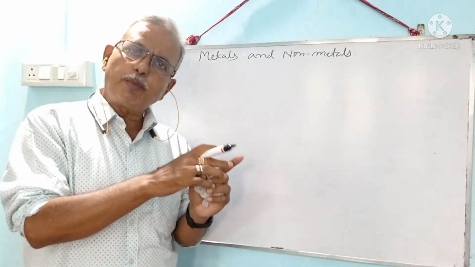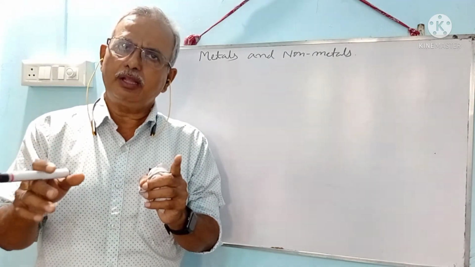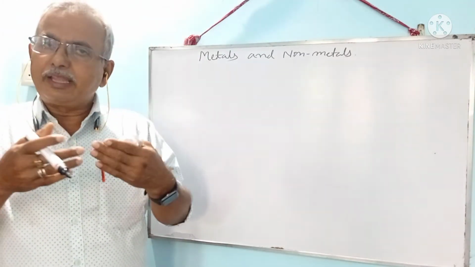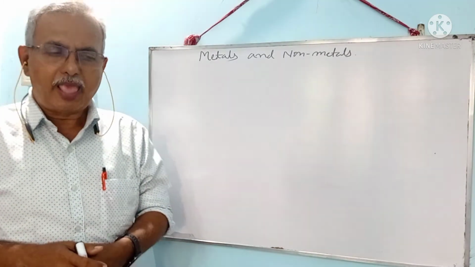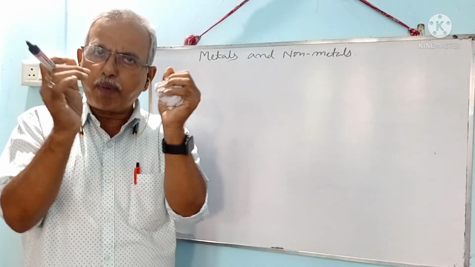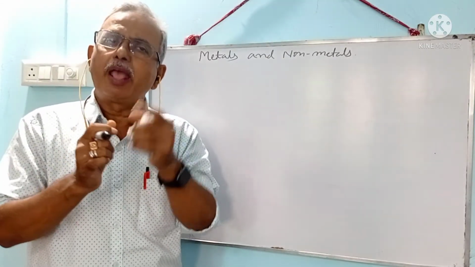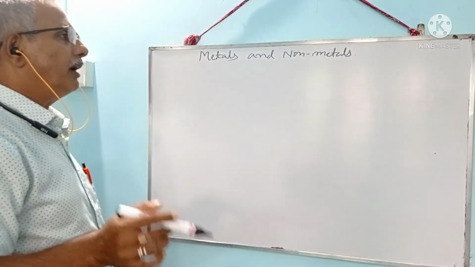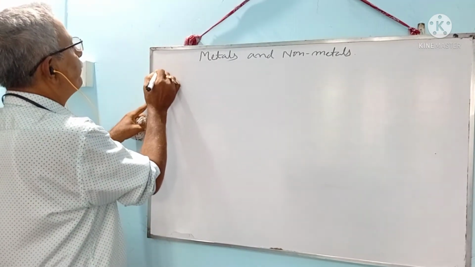So the metal forms a positive ion after losing 1, 2, 3 electrons, and the non-metal by gaining 1, 2, 3 electrons forms negative ions. Between the positive ion and negative ion there is a force of attraction which binds them to form a compound, and that compound is called an ionic compound. Ionic compounds I will discuss separately, but here I am showing the formation of some compounds.